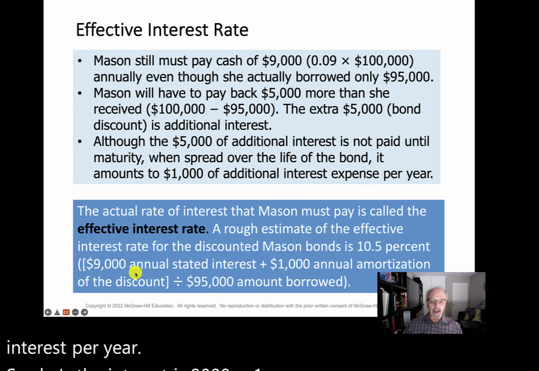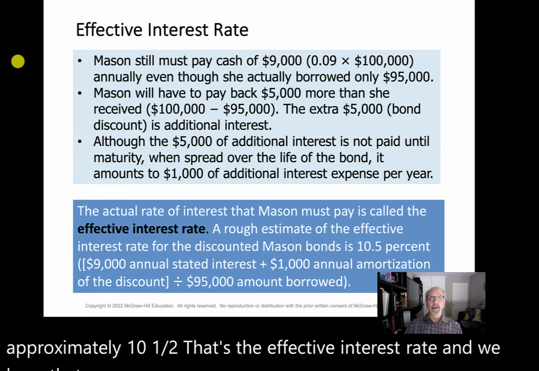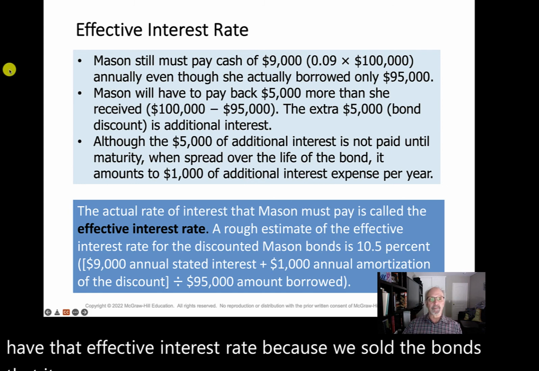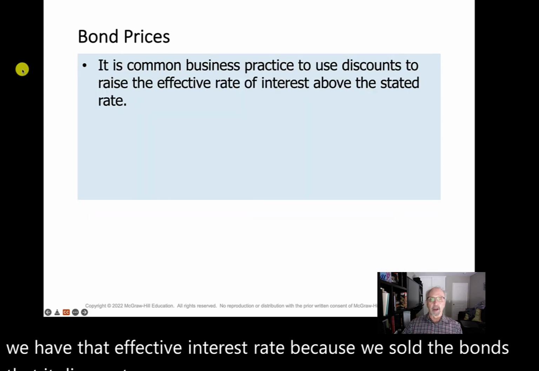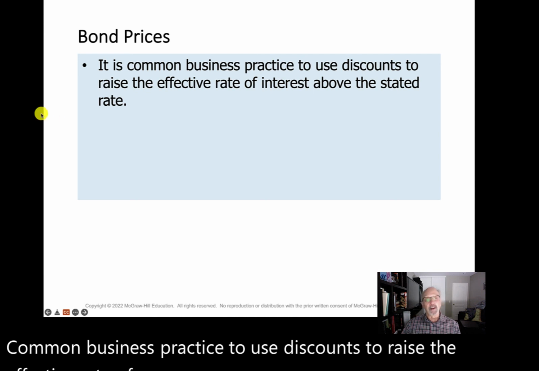So 10,000 divided by 95,000 is approximately 10.5%. That's the effective interest rate, and we have it because we sold the bonds at a discount. It's common business practice to use discounts to raise the effective rate of interest above the stated rate.